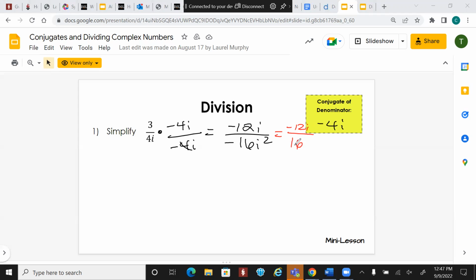What are 12 and 16 both divisible by? 4. So negative 12 divided by 4 gives us negative 3, and 16 divided by 4 gives us 4. And so that is the simplified version. Ta-da!